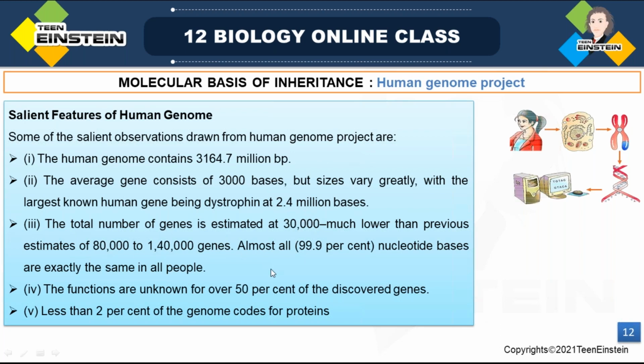The total number of genes is around 30,000, and among these, around 50% have unknown functions. We don't know the function of those genes. And in the human genome, only 2% of the genes are coding for protein. Got it?